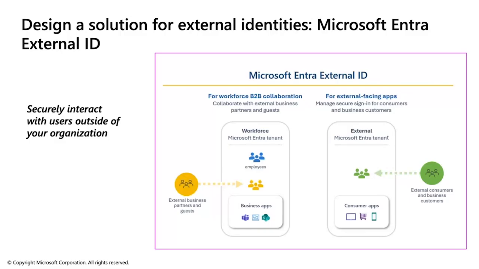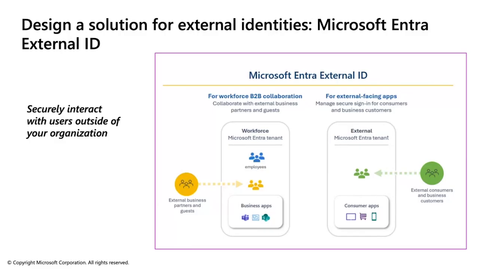But sometimes we have to provide access to our business customers, like consumers, who will be accessing my applications and using them. So in these two situations, when we are inviting guests into my own tenant and granting access to them, that is a B2B situation, business to business.